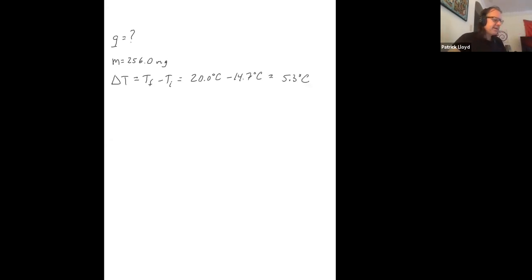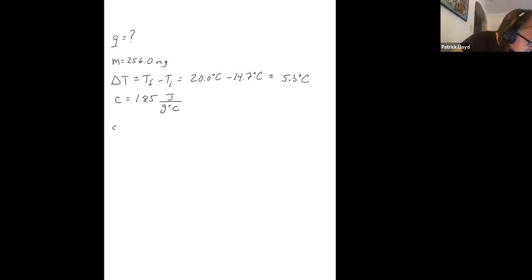Okay. Takes heat to make something get hotter, right? So now assume the specific heat capacity is, so C is 1.85. And again, joules divided by grams divided by degrees Celsius.